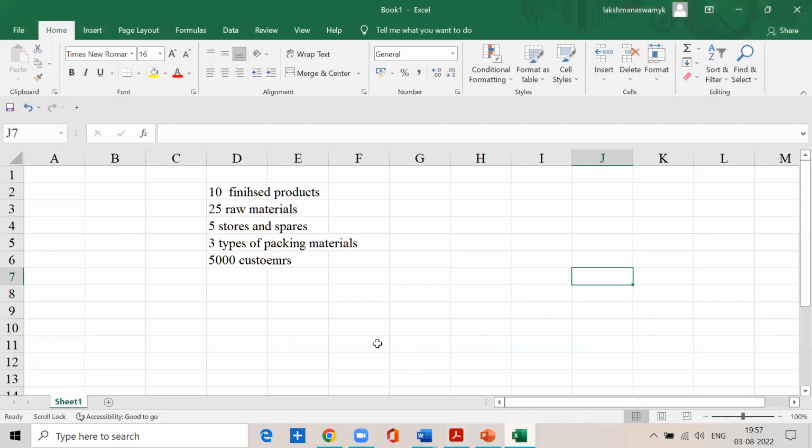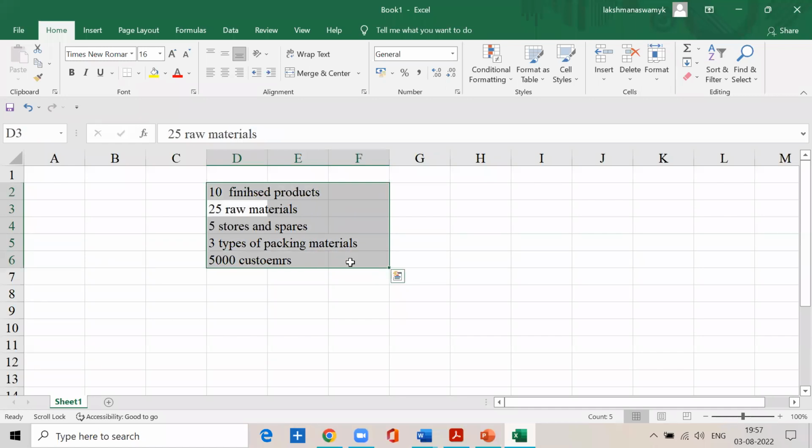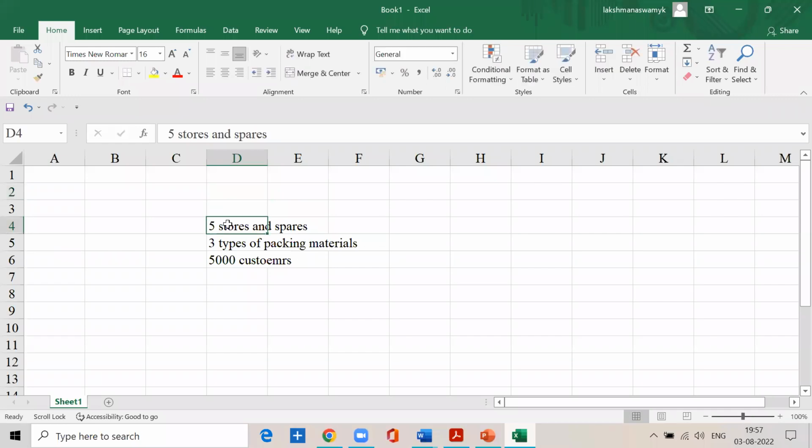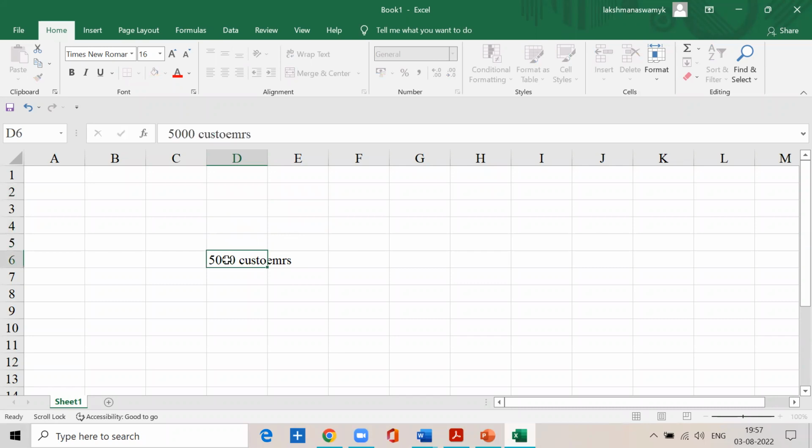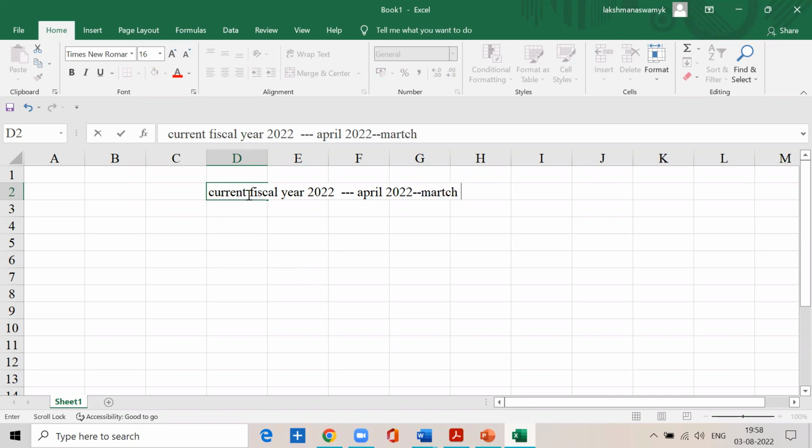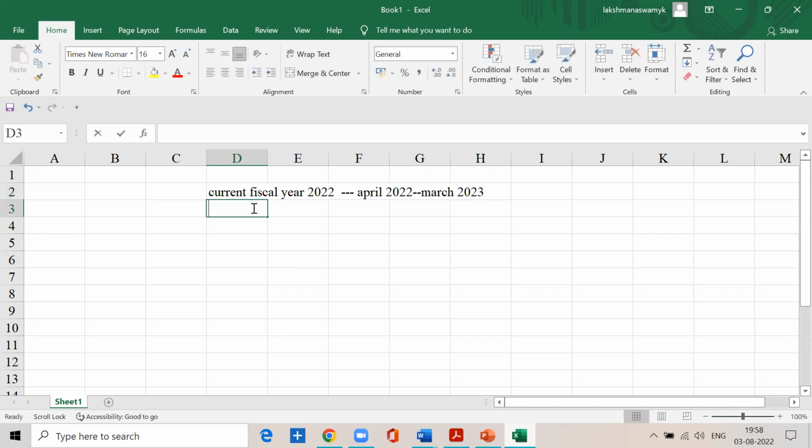Here, let us take one scenario. Current fiscal year, 2022, that means April 2022 to March 2023. Now, we are using 4 special periods.